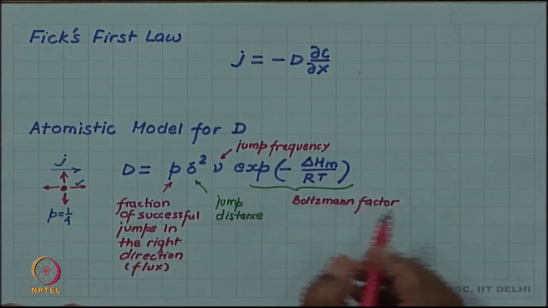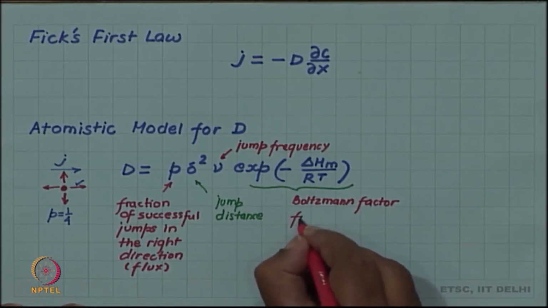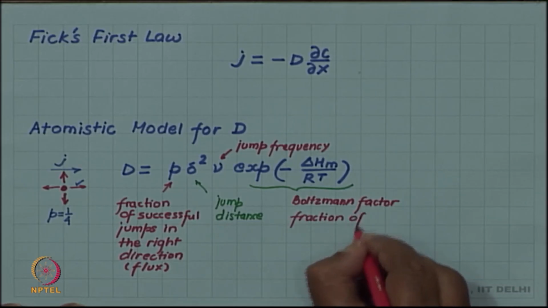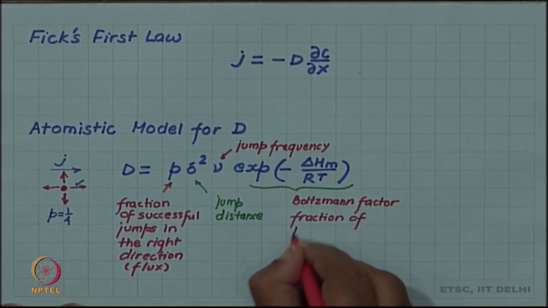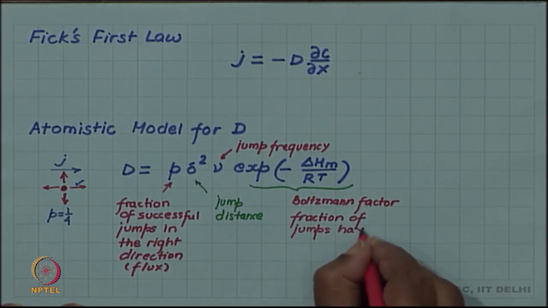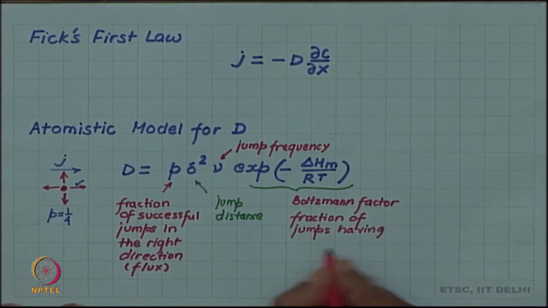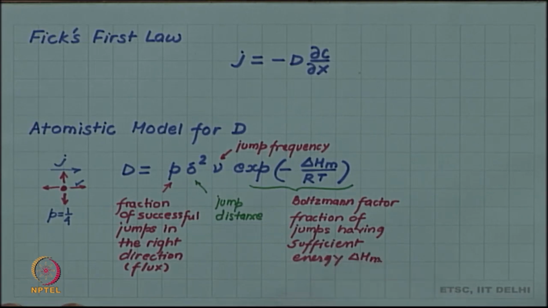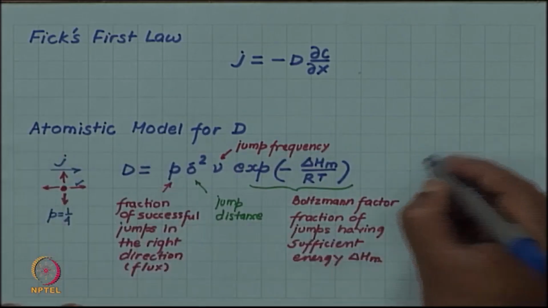So, that is the fraction of jumps having sufficient energy delta H m.